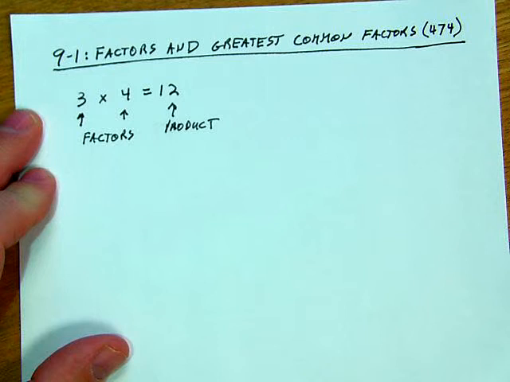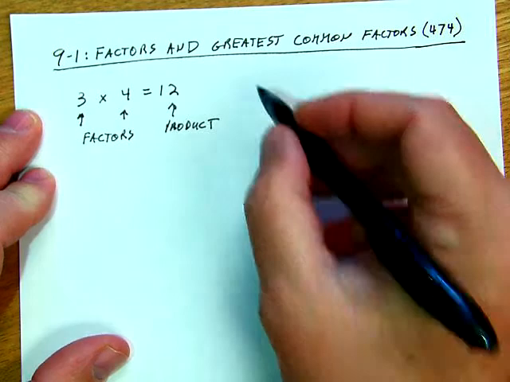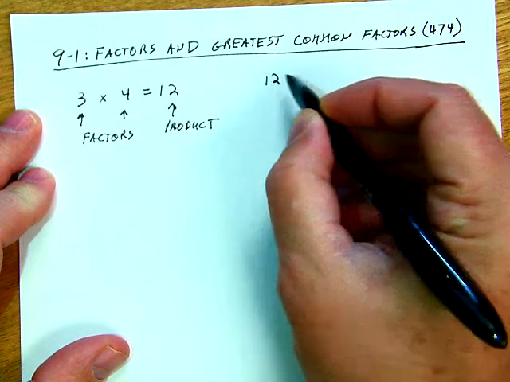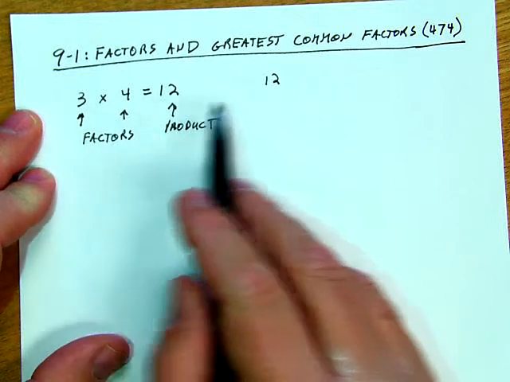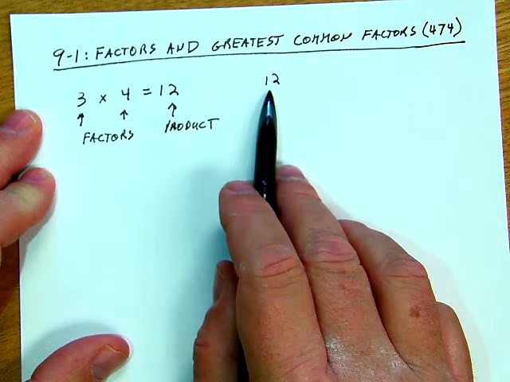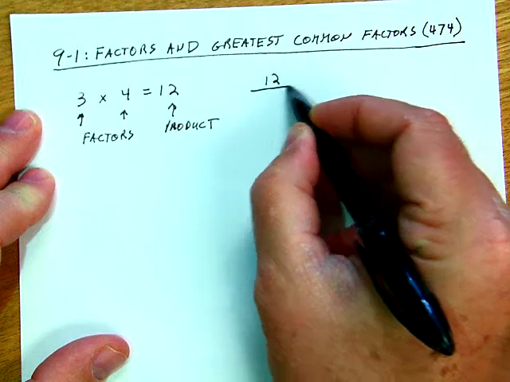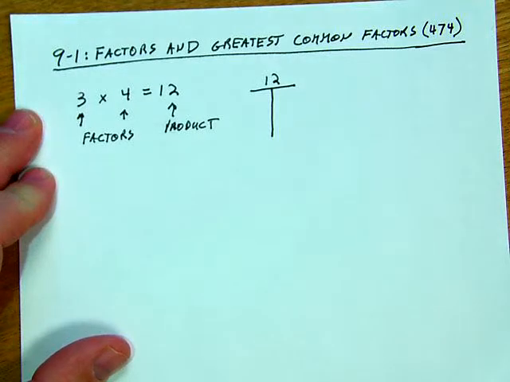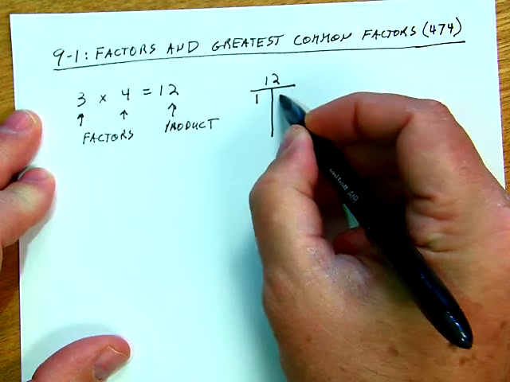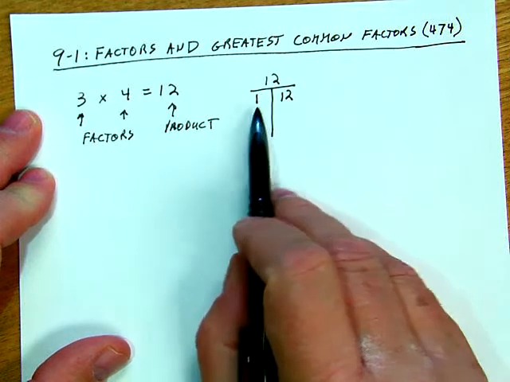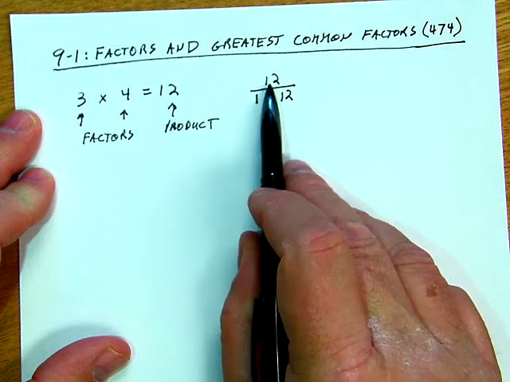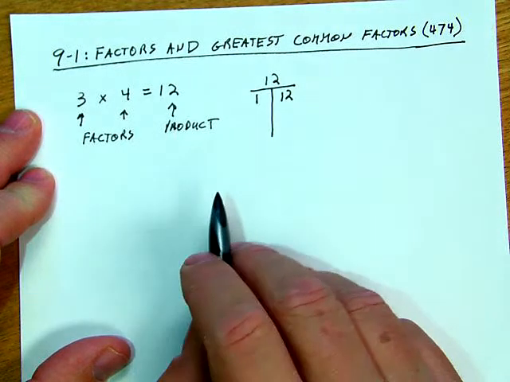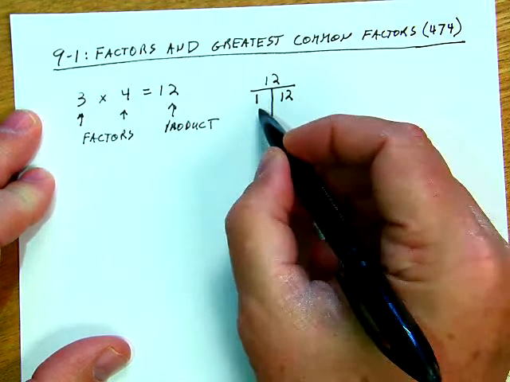Okay? So factoring is that concept of taking the number 12 and figuring out what numbers multiplied together equal 12. And the method you learned in second or third grade is the factoring table. It always starts with 1 times the number. 1 times 12 equals 12. All right, let's go up 1, and let's say 2.